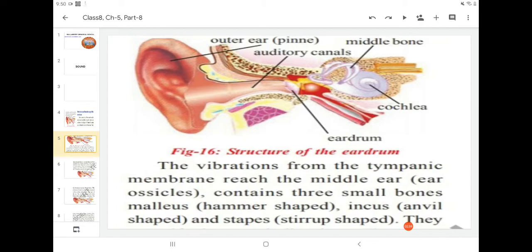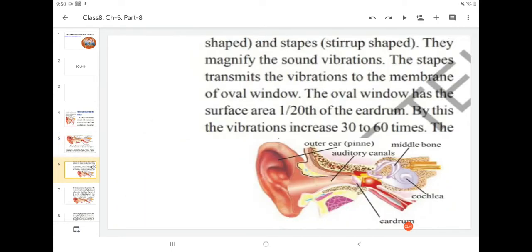They magnify the sound vibrations. The stapes transmit the vibrations to the membrane of the oval window.